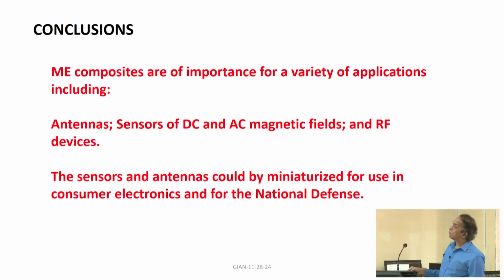Right, to conclude, we talked about miniaturizing antennas with a ferromagnetic-ferroelectric composite, then how to do ultra miniaturization with the use of a magnetoelectric composite for both AC and DC magnetic fields, and also I came up with some scheme to make the sensor self-biased with the use of graded ferromagnetic layers, and then how to miniaturize all the sensors or the antennas.